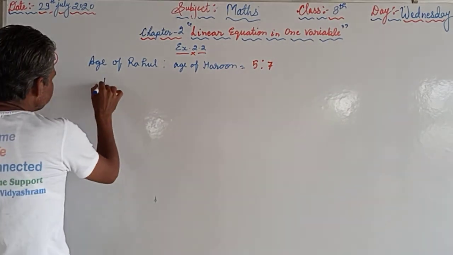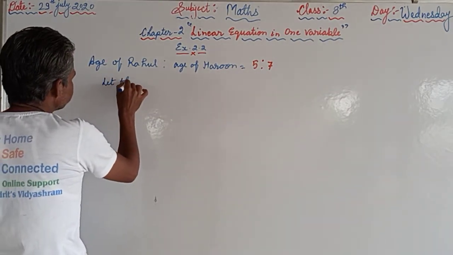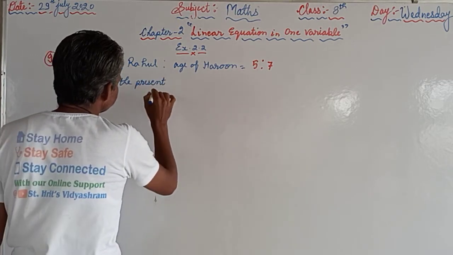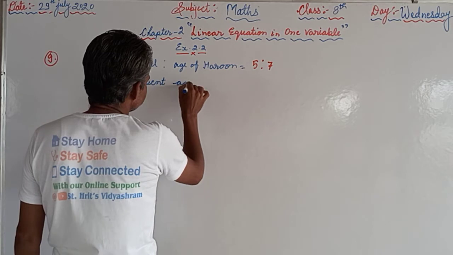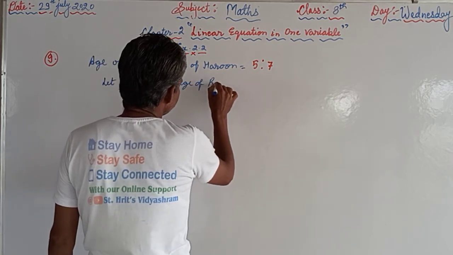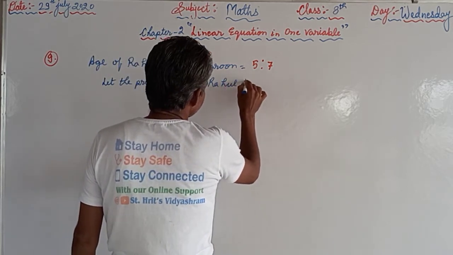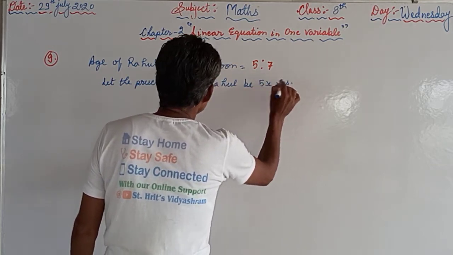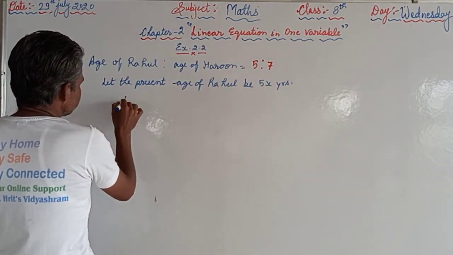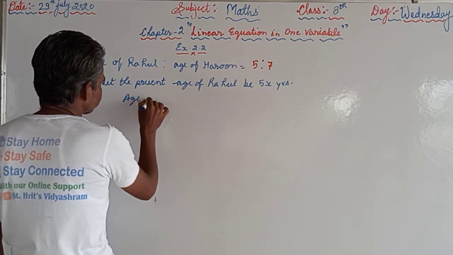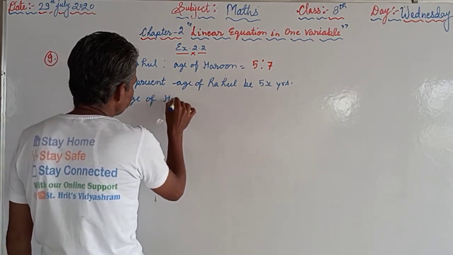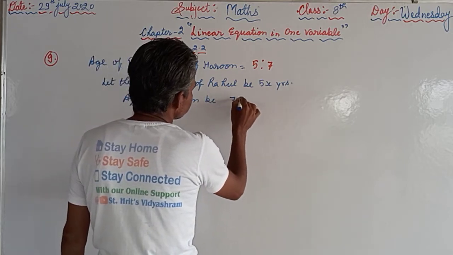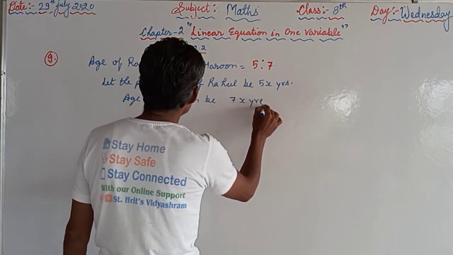So let the present age of Rahul be 5x years and the age of Harun be 7x years.